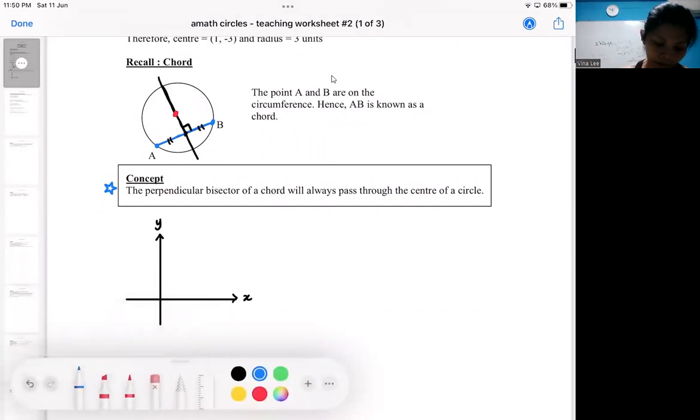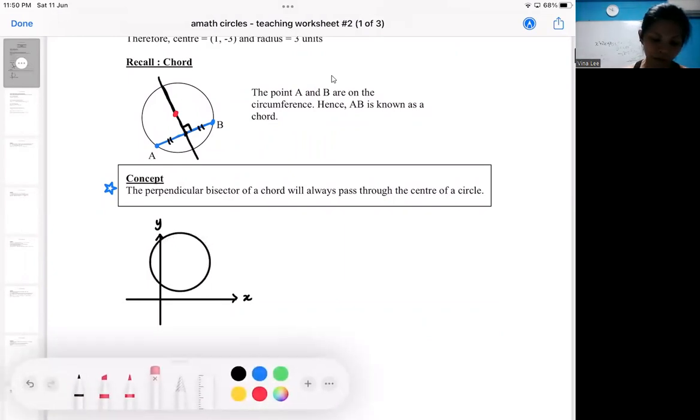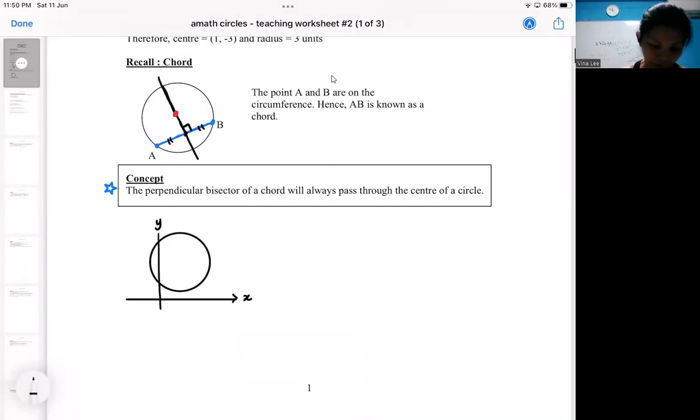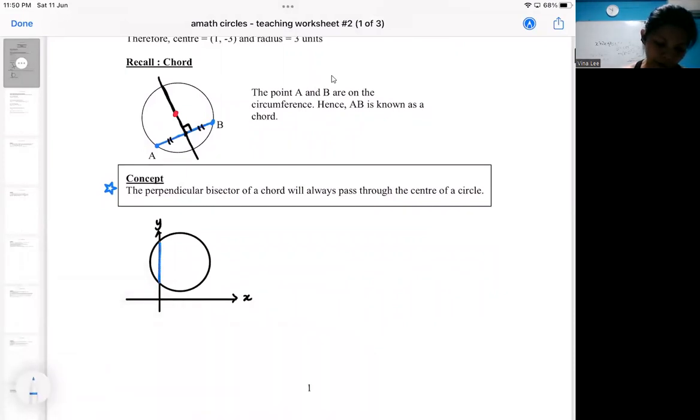So you get a circle like this. So where is the vertical chord? The part of the y-axis is the vertical chord.